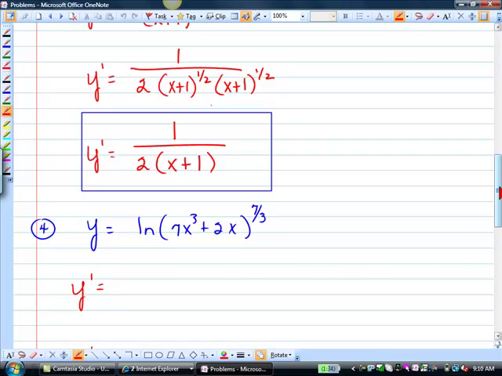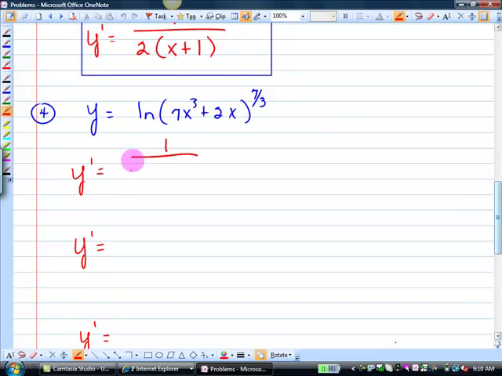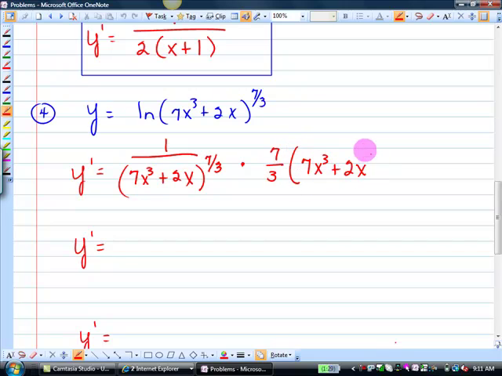All right. On this one, we'll start out, we'll do 1 over 7x cubed plus 2x to the 7/3 times, now I've got to take the derivative of that thing, so that is 7/3 times this to the what? 4/3 times the derivative of what's inside, which is what? 21x squared plus 2.